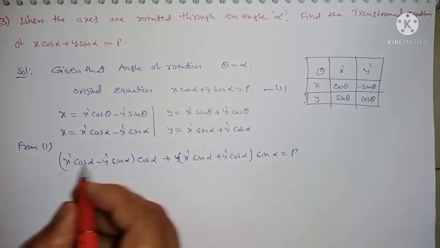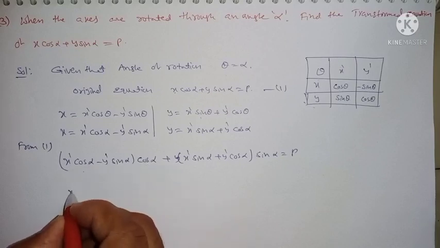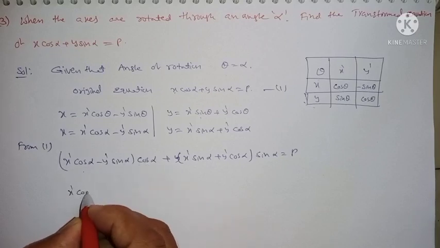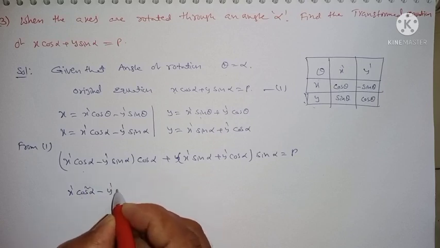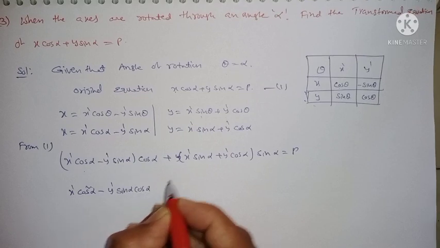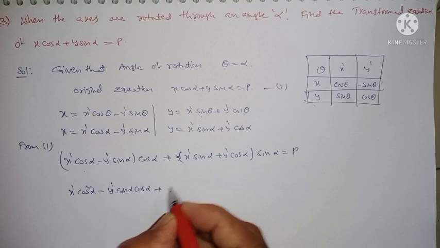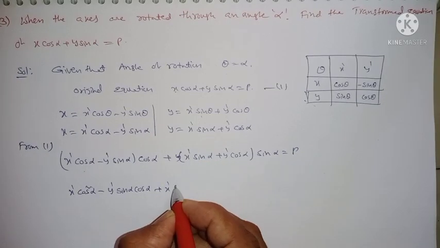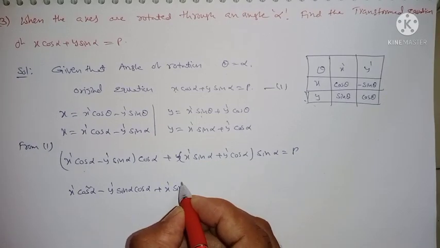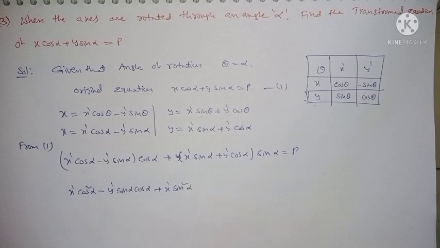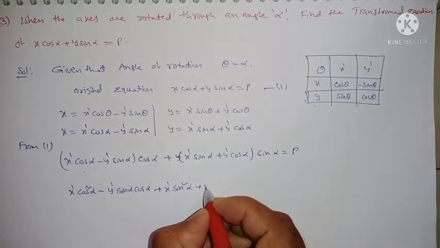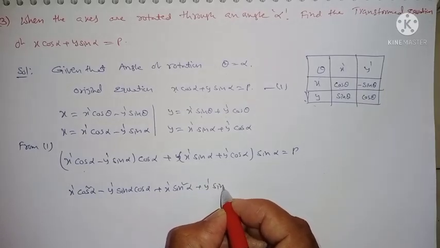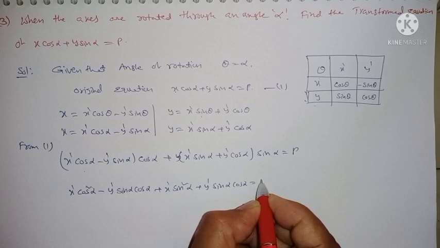You can multiply. What happens? That is x dash cos square alpha minus y dash sin alpha cos alpha, plus x dash sin square alpha, and the last term is plus y dash sin alpha cos alpha is equal to p.